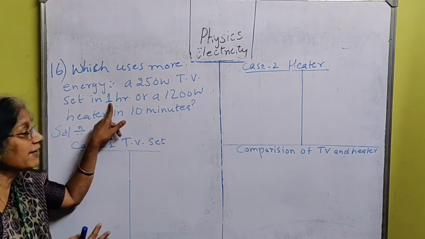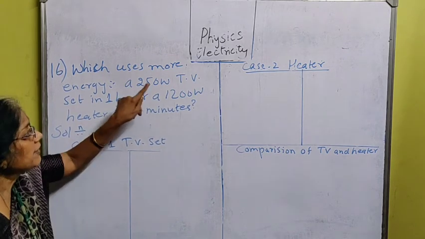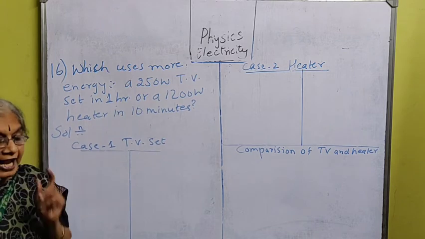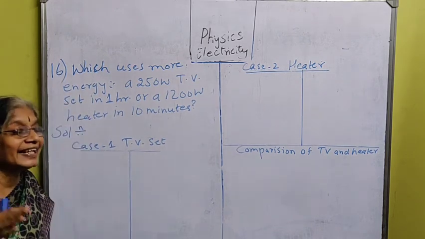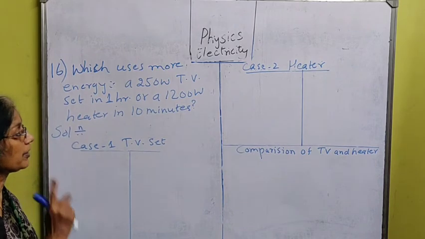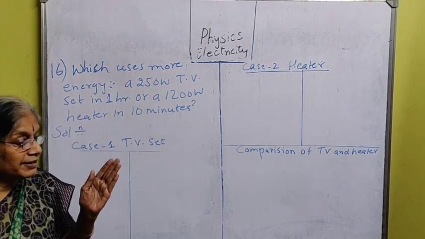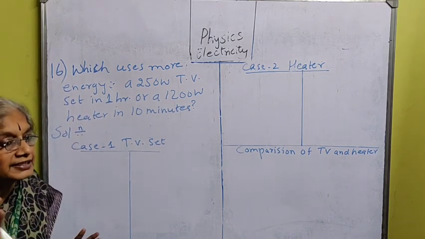So energy is given by power into time. So we have power for TV is 250 watt and time is for 1 hour. But for energy, whenever we take the time, we have to convert it into seconds. So that is very, very important. So 1 hour means how much it will become? 60 minutes into 60 means it will become totally 3600 seconds.